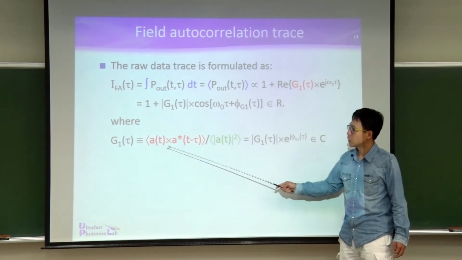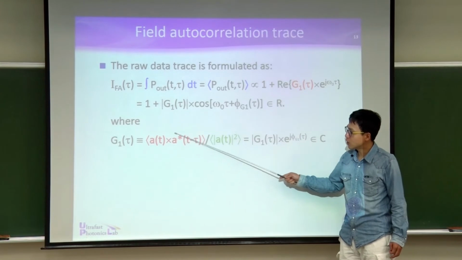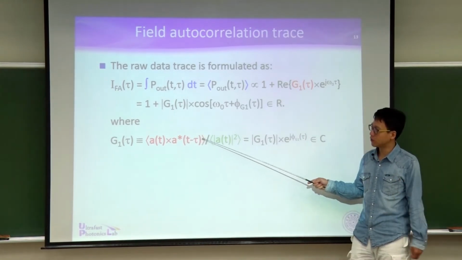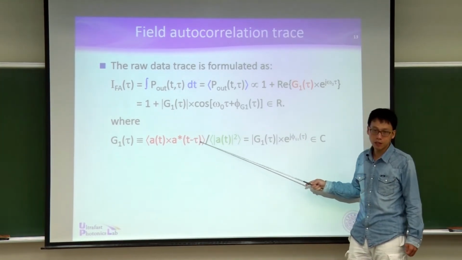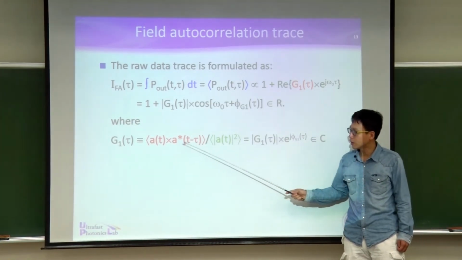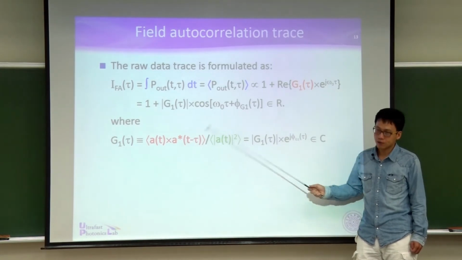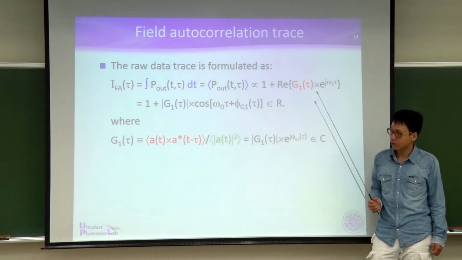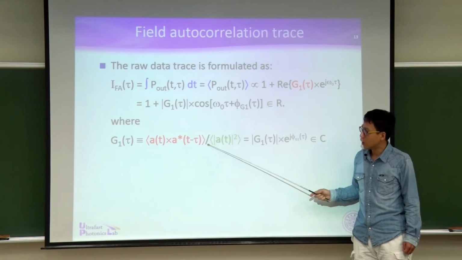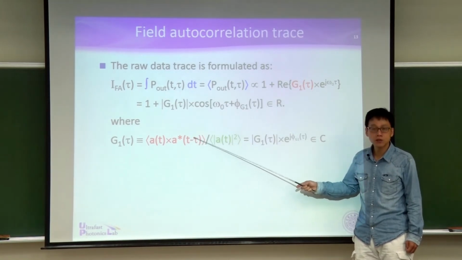Okay? So complex function multiplied with the same function, but with two modifications, a time delay and a complex conjugate. And the product with time average. It's a field autocorrelation function. But in our definition, it's normalized to tau equals 0.